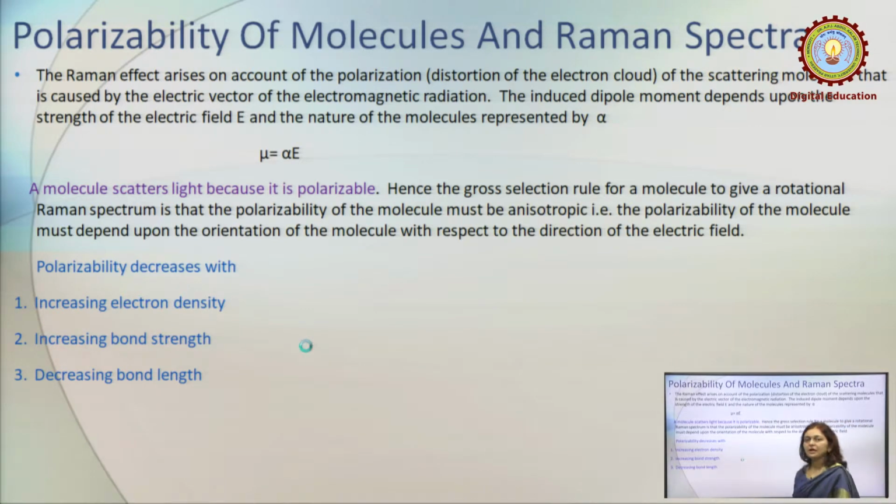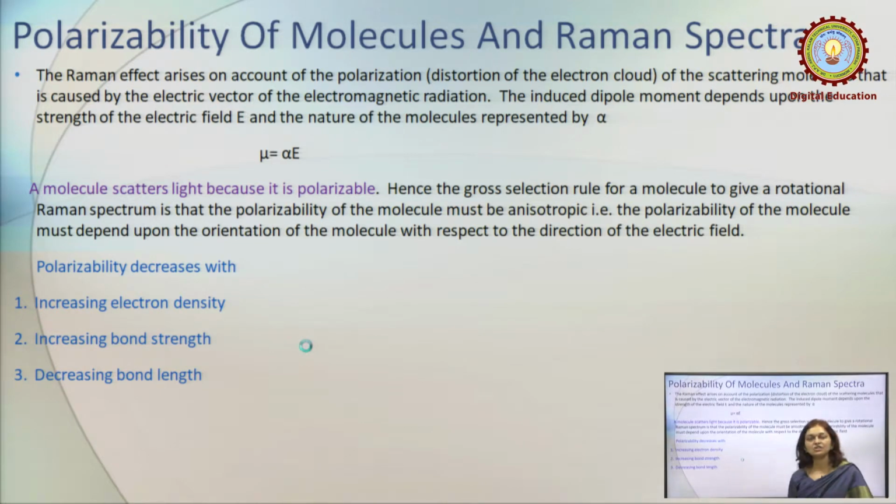Now, the next and most important thing is the polarizability of molecules and Raman spectra. As you studied in IR spectroscopy, the condition for IR absorption is that there must be a dipole moment, or an induced dipole moment must be present in the molecule.